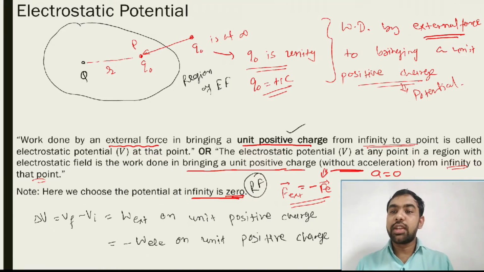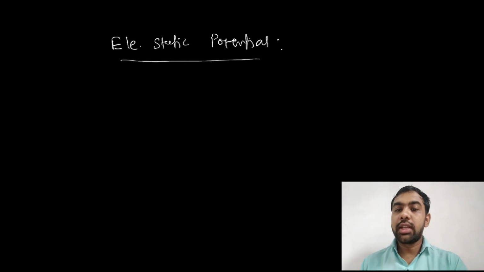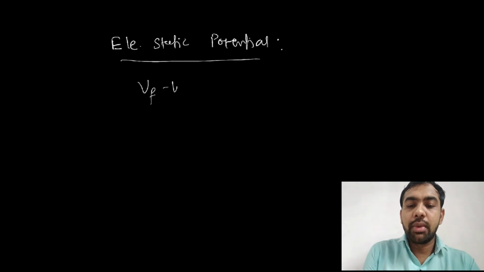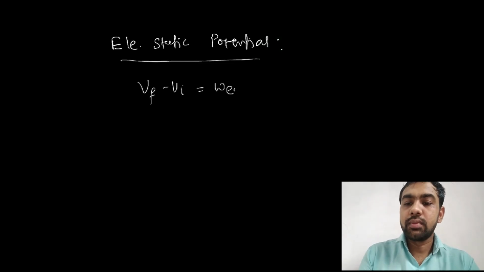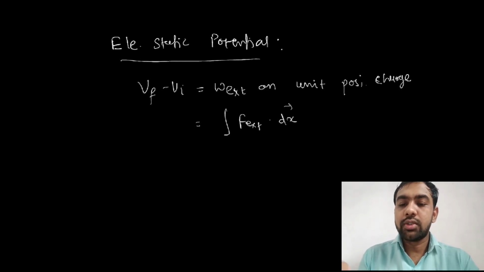So based on this, how do we define electrostatic potential? It's simple: V final minus V initial is equal to W external on a unit positive charge. It means the integration of F external times dx or dr, whatever.